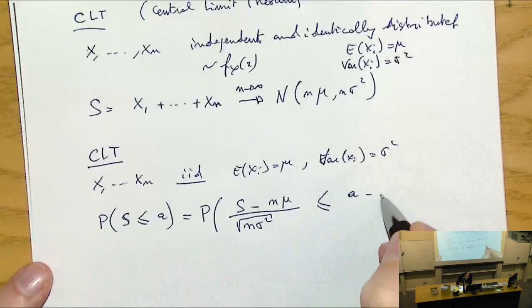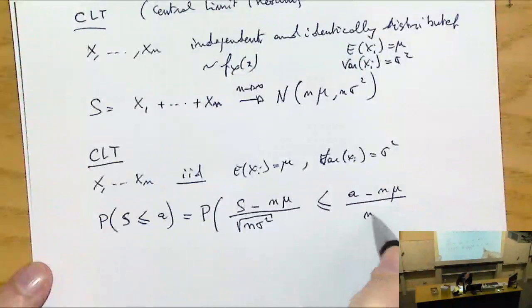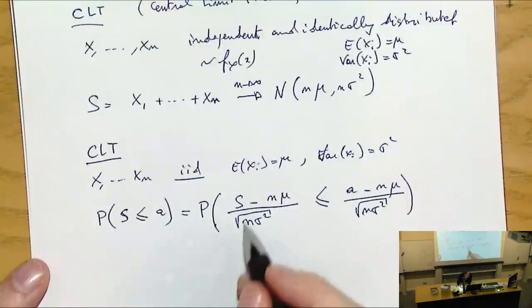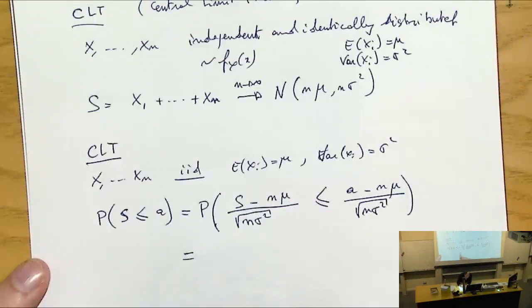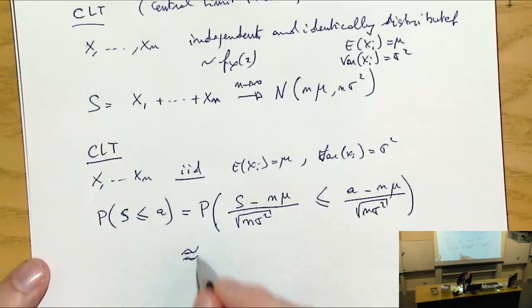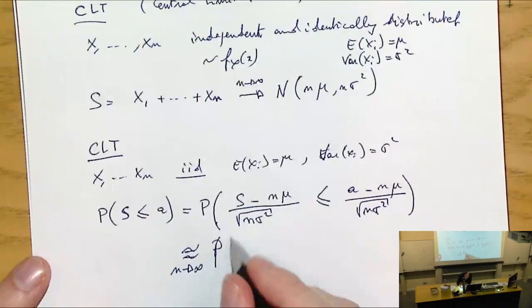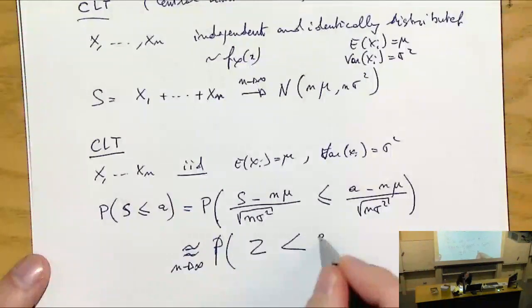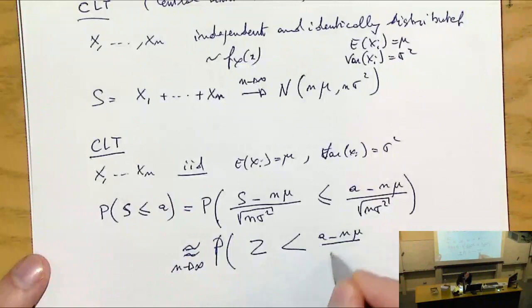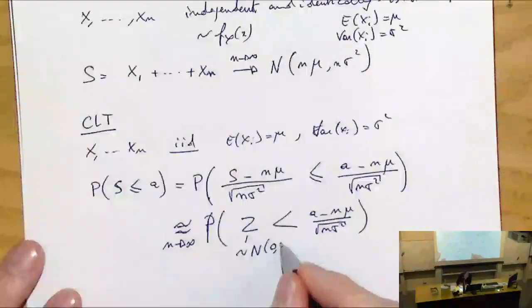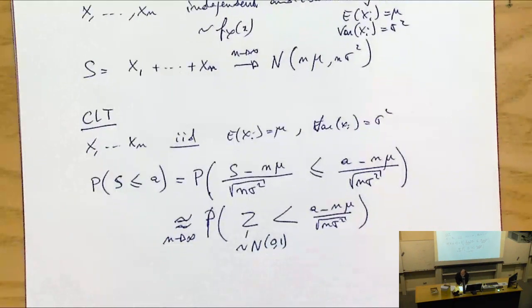So far I don't use the central limit theorem, but the central limit theorem says that you can approximate this, when n is sufficiently large, with the probability of having z smaller than a minus n mu divided by square root of n sigma square, where z here is a standard normal random variable with mean 0 and variance equal to 1.